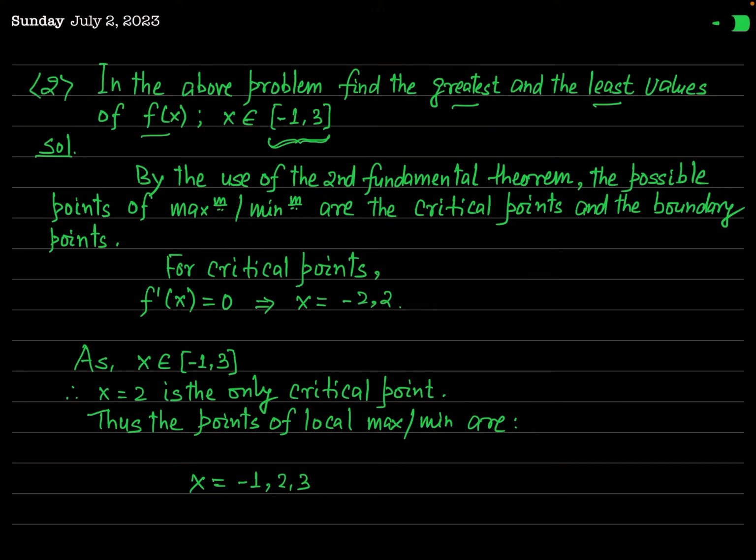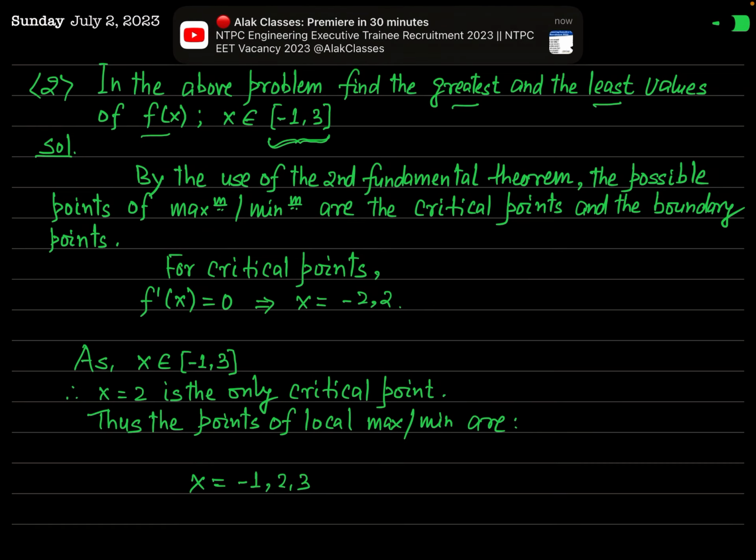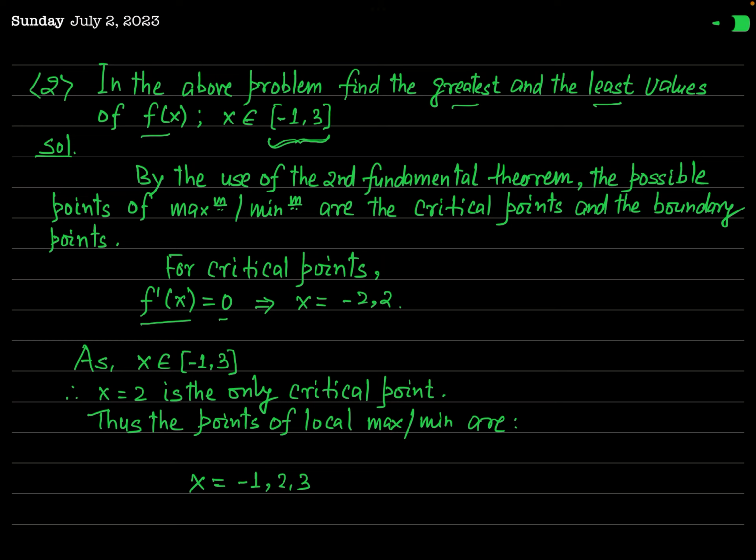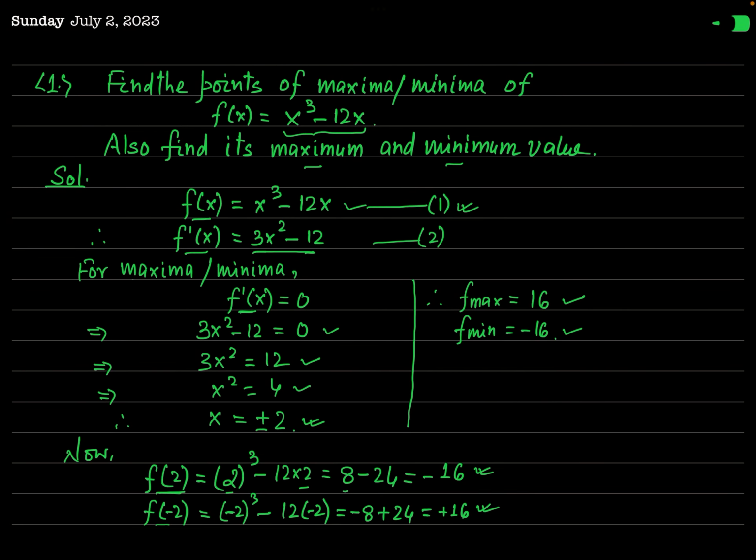And you know, for critical points, the first order derivative of the function, that is f'(x), should be equal to 0. And you have already calculated in the first part of the problem that when f'(x) is equal to 0, then x is equal to ±2.